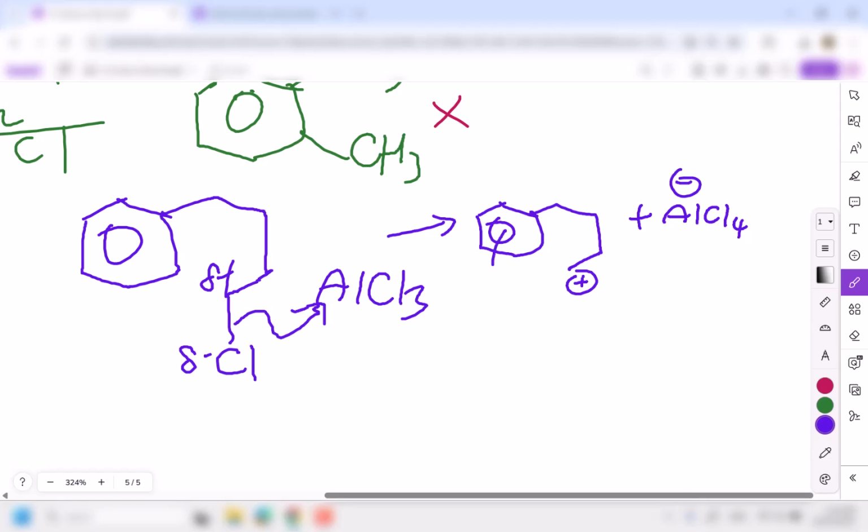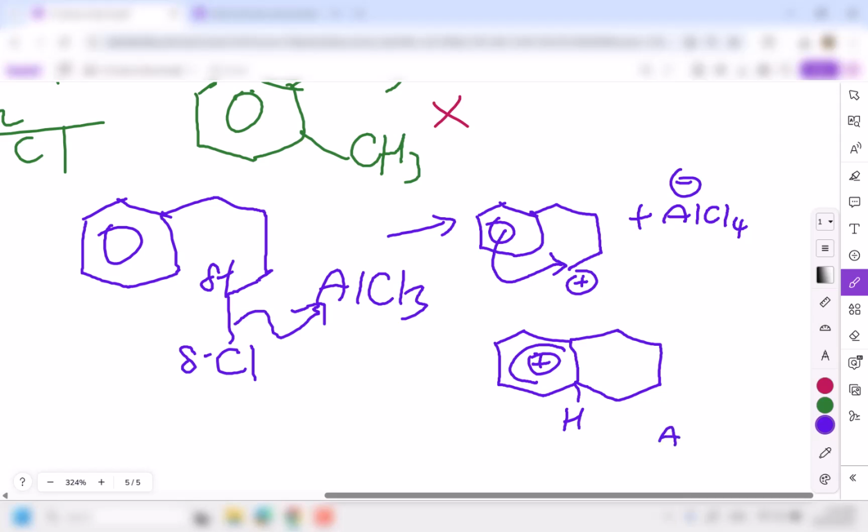Then of course, the electron density of the benzene ring will attack the electron deficient carbon, and in the process, I will generate this particular intermediate. If I were to draw a semi-crescent, I can draw that. It's H here. Then the H will be lost.